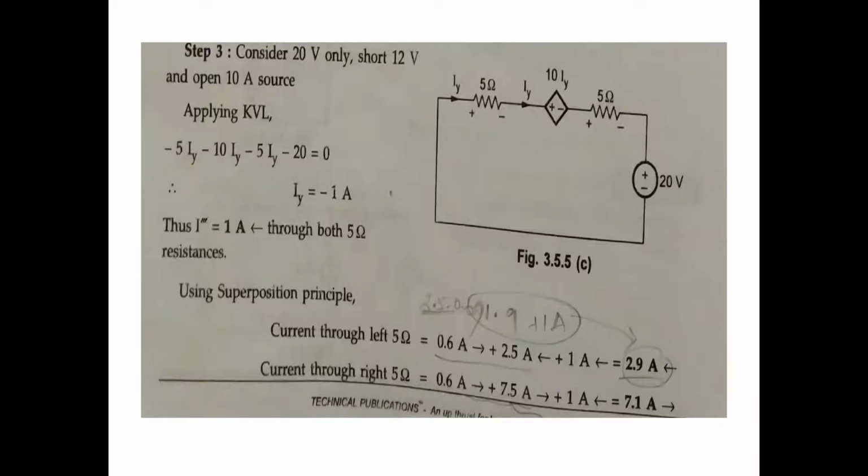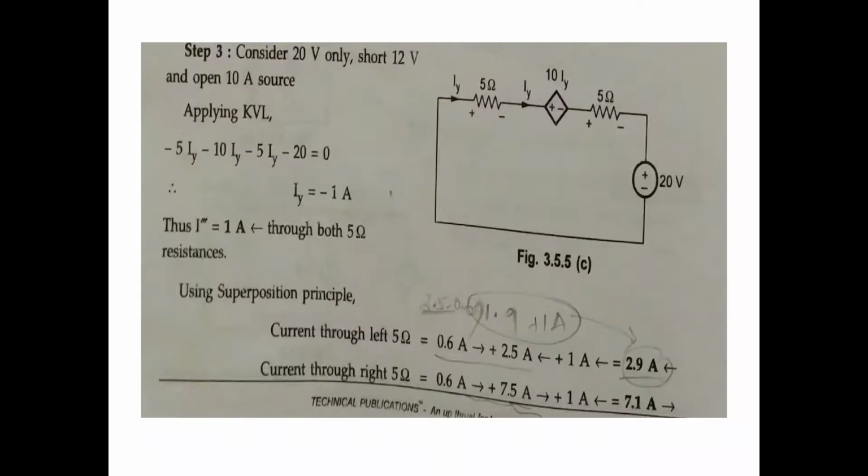IY equal to minus 1 amps. Why minus 1 amps? Because we already found IY equal to I1. So 20 I1 minus 20 equal to 0 gives 20 by 20, that is 1 amp through the 5 ohm resistance.